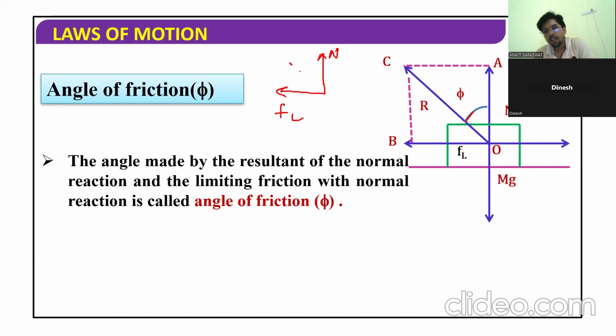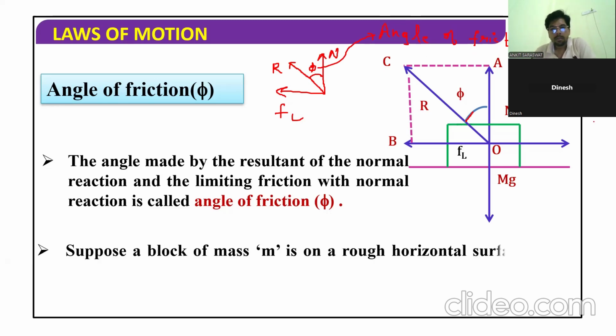The resultant of these will be R. The angle made by this R with the normal is known as phi, that is known as the angle of friction. Clear?